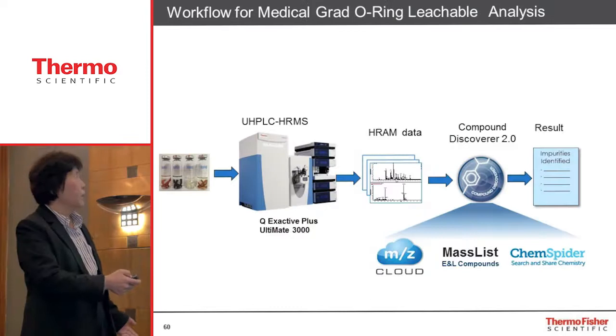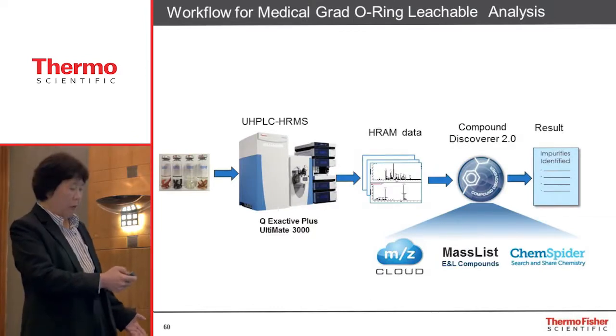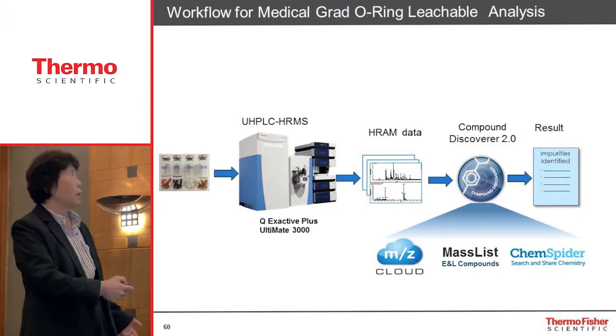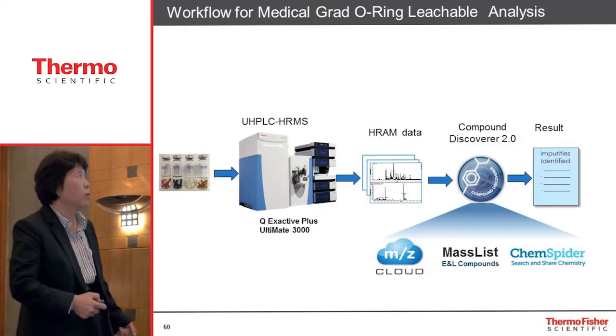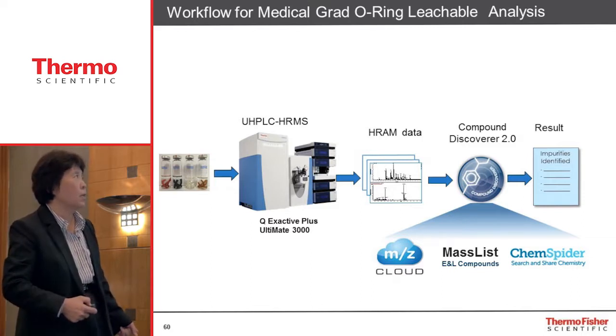So I will just quickly go through the analysis for the O-ring. I did the LCMS on the Q Exactive Plus, and it's very simple. We just shoot in and got a whole bunch of data.